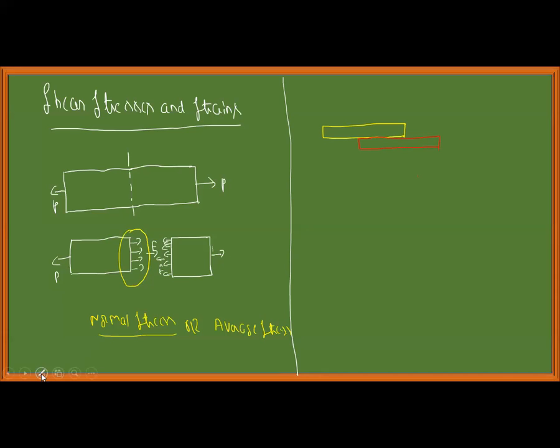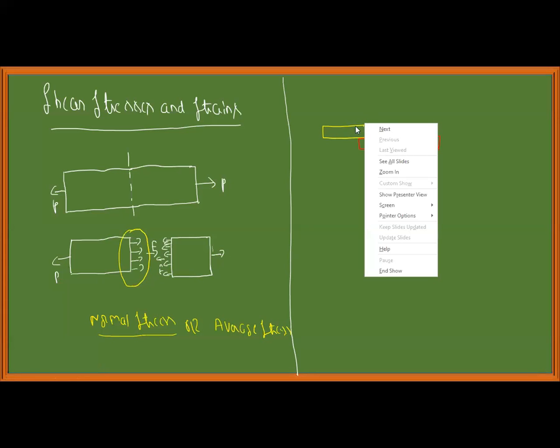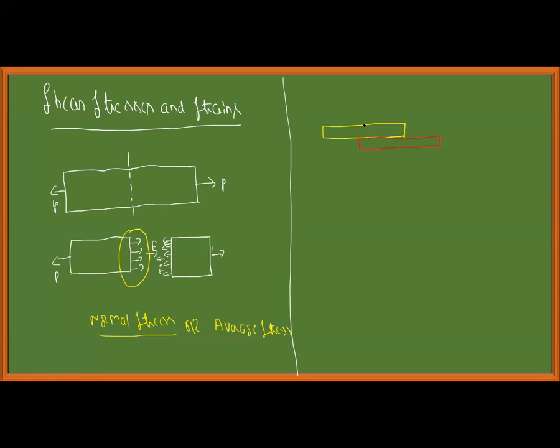These two plates are joined, or I can say fastened, with the help of a rivet, like this. There is a rivet holding these two plates, and there is no gap here.